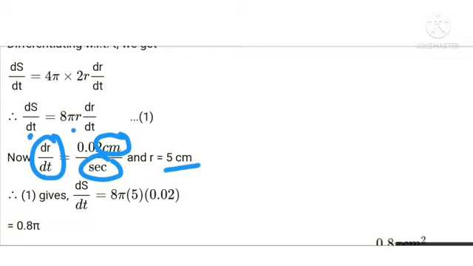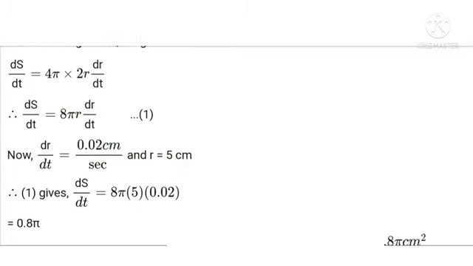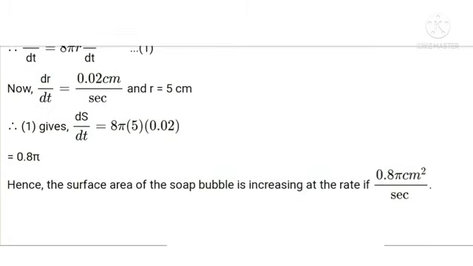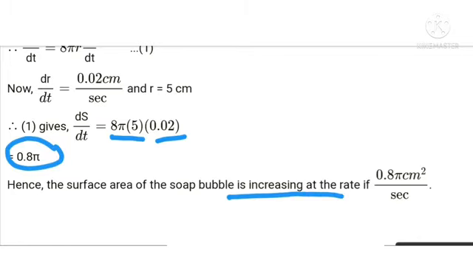So you substitute the values in the equation. You get ds by dt is equal to 8 pi into 5 into 0.02. We get 0.8 pi. The area of the soap bubble is increasing at the rate of 0.8 pi centimeter square per second.